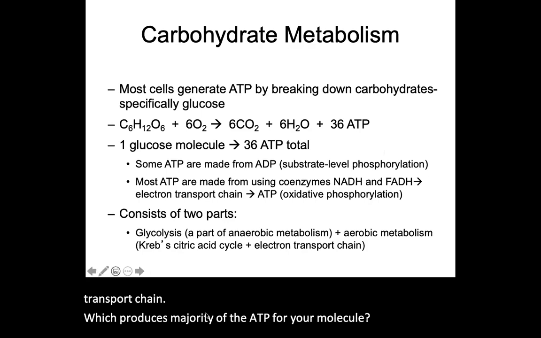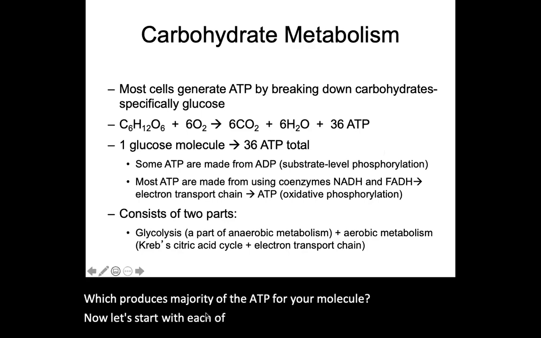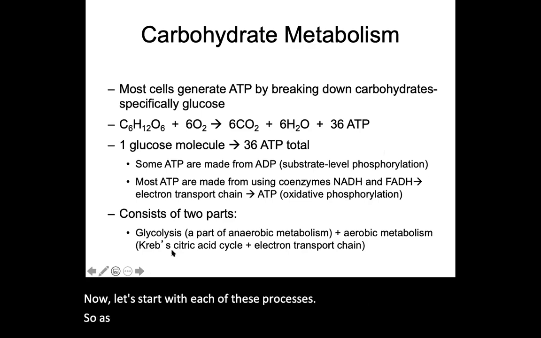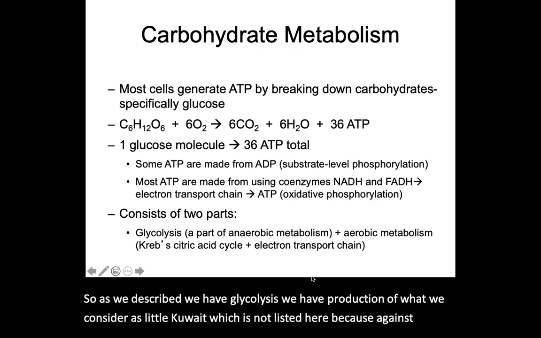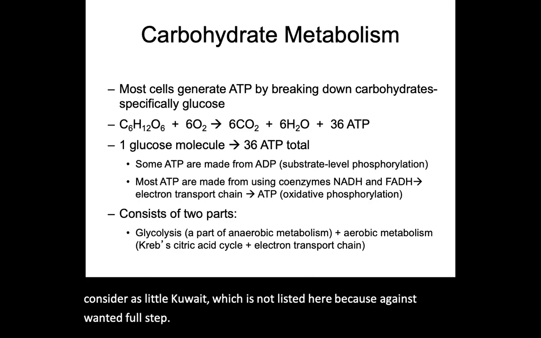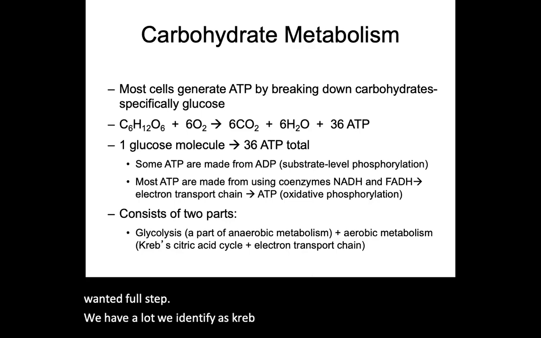Now, let's start with each of these processes. As we described, we have glycolysis. We have production of what we consider acetyl-CoA, which is not listed here because, again, it's not a full step. We have what we identify as the Krebs cycle or citric acid cycle.